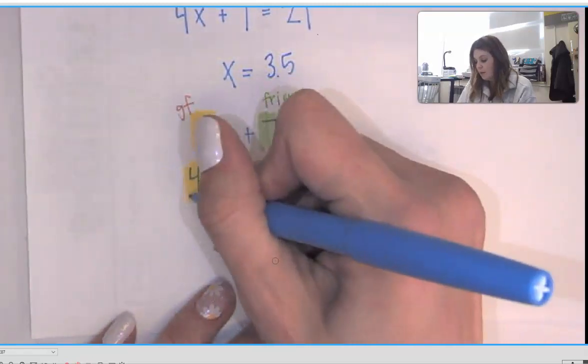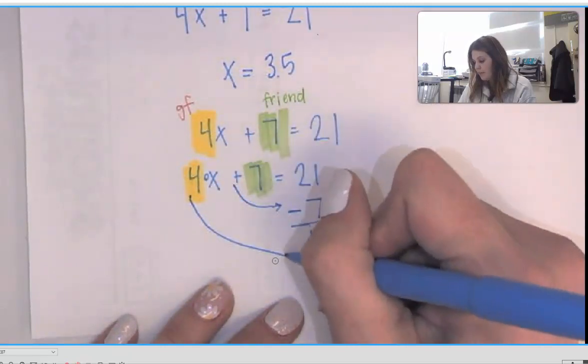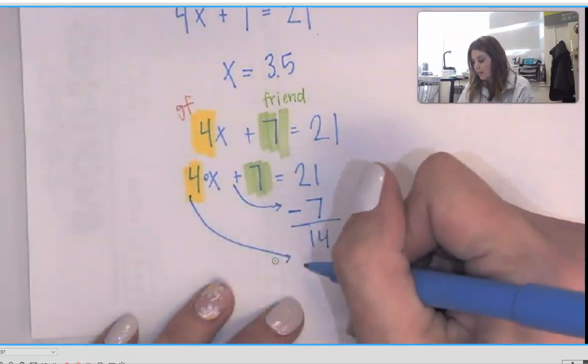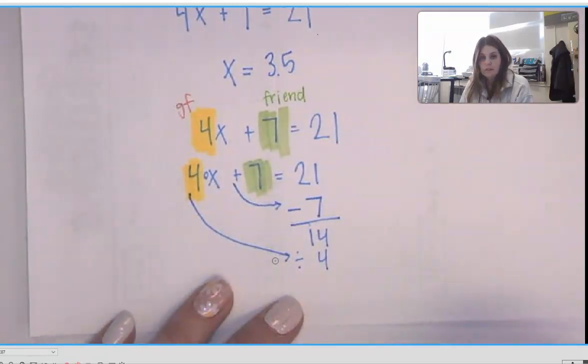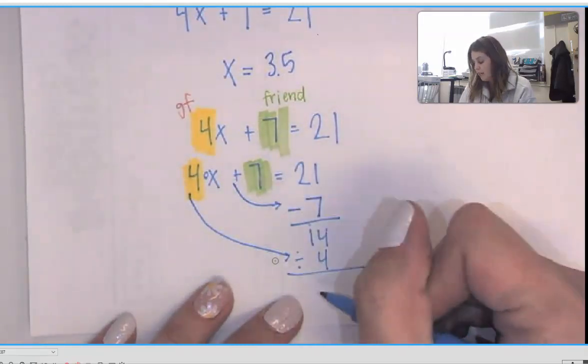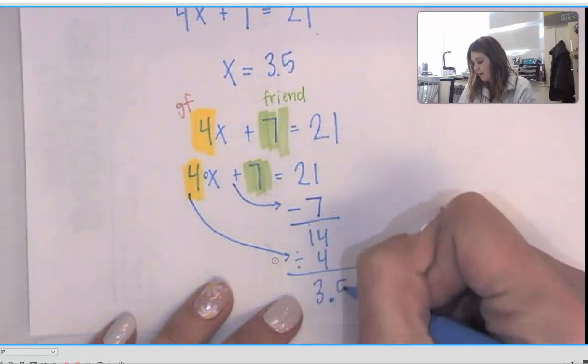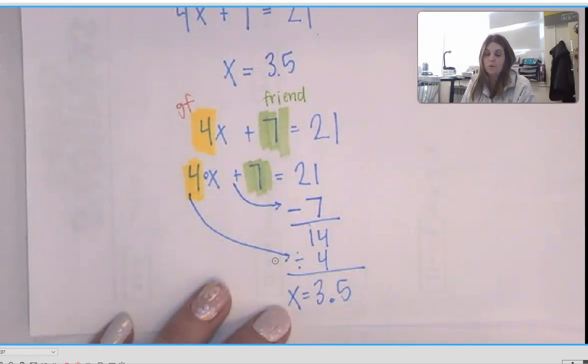And then we want to get this 4 off, but what we have here is 4 times x, so the opposite of that would be divide. So if we're multiplying by 4, to get rid of it, we divide by 4. 14 divided by 4 is 3.5, so our solution to this equation is 3.5.